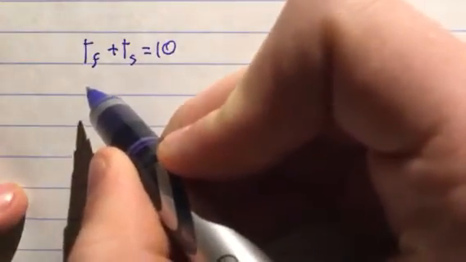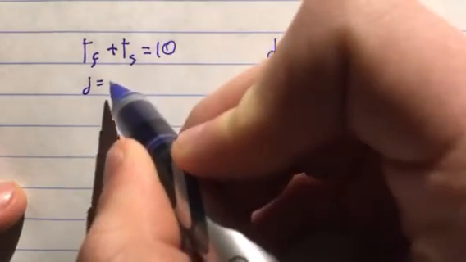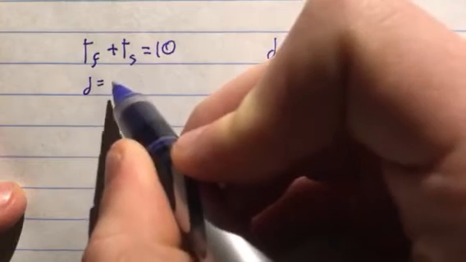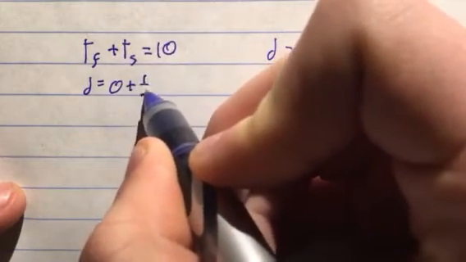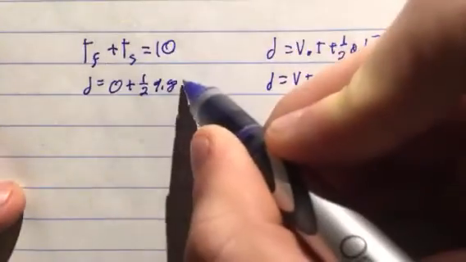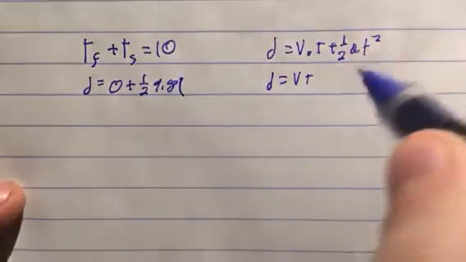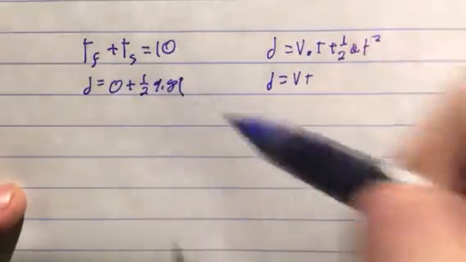So our distance equals, well, our initial velocity is 0, so we just zero that out, plus 1/2 times 9.8 multiplied by time. And now remember, time is the time for the falling rock because that's what we're doing.